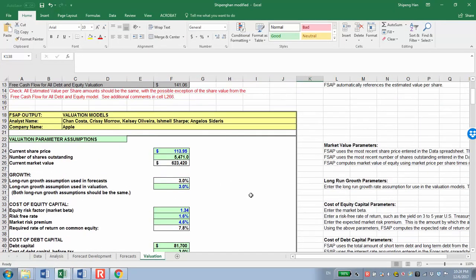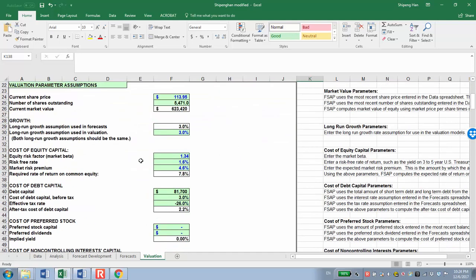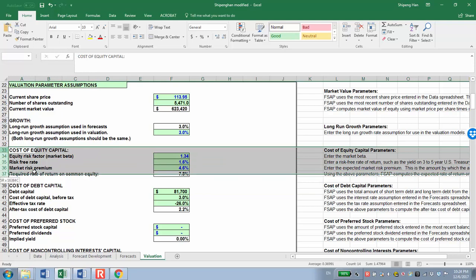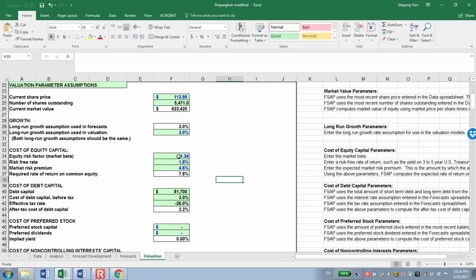Here in the valuation tab, in the section cost of common equity capital, we enter three variables. One is beta, as we found in Yahoo Finance, which is 1.34.